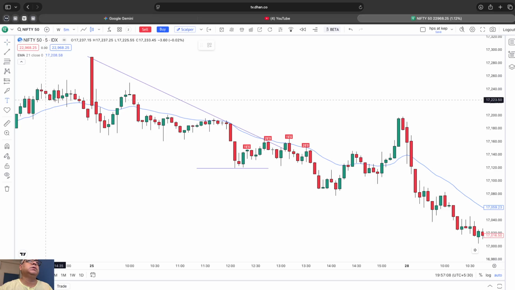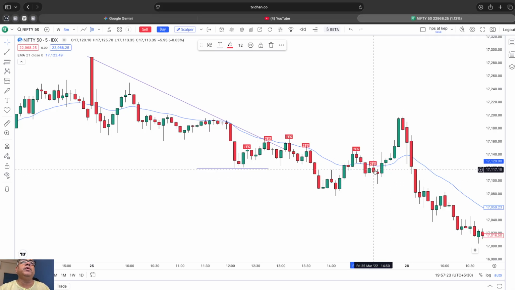See here what happens. There is first entry short. This bar broke the low of the previous bar, and this bar is second entry short. This bar broke the low of this bar, but at the same moment it failed. This is a failed second entry short.